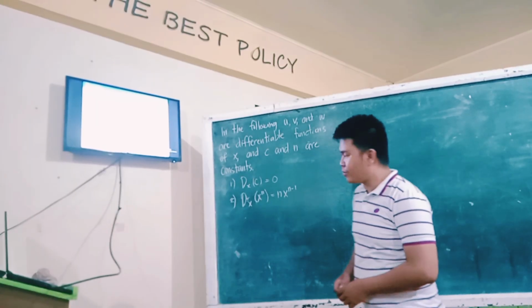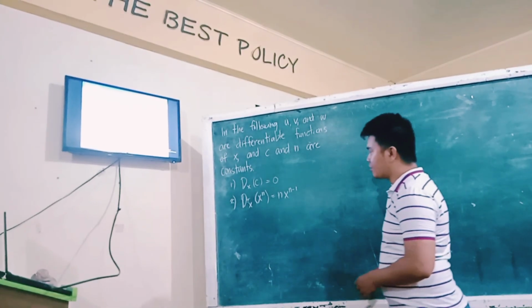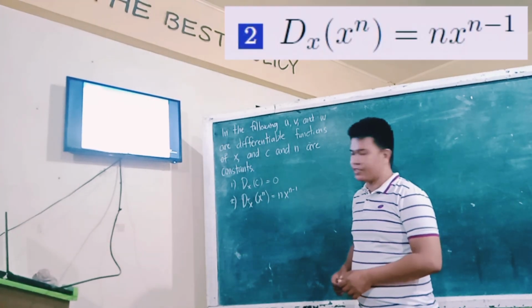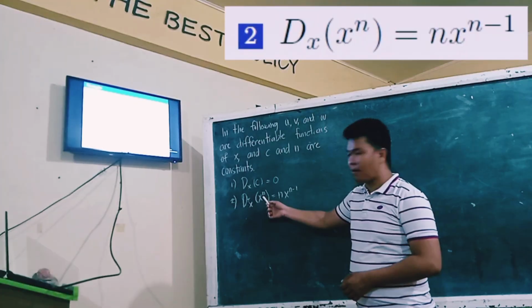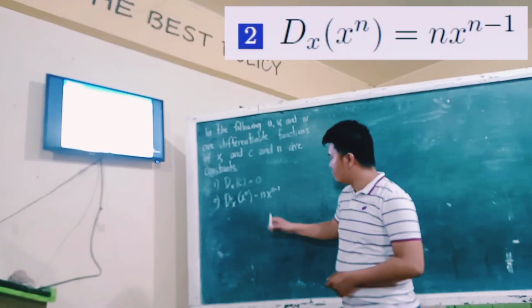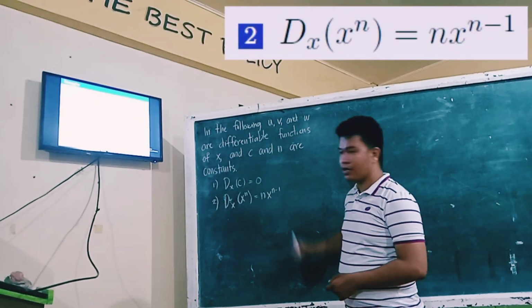The next rule that we're going to talk about is called the power rule. It is denoted in the symbol d/dx of x to the power of n equals n times x raised to the power of n minus 1.